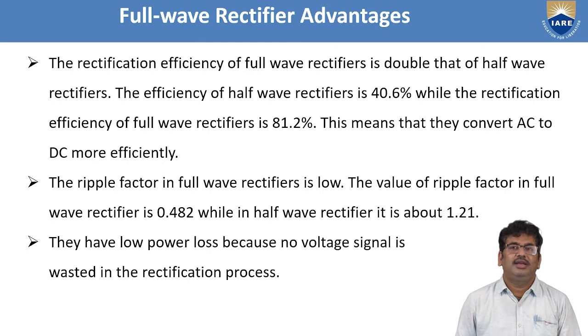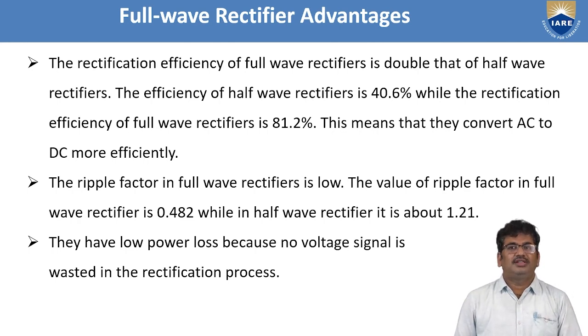The ripple factor in the full wave rectifier is low compared to the half wave rectifier. The value of the ripple factor in the full wave rectifier is 0.482 or 48.2 percent, while in the half wave rectifier it is about 1.21 or 121 percent.